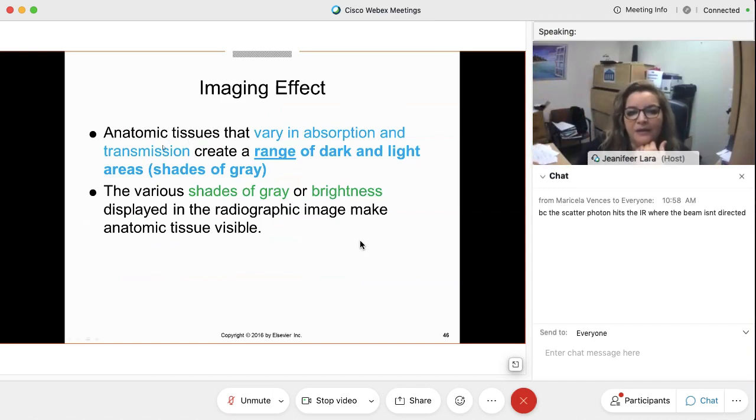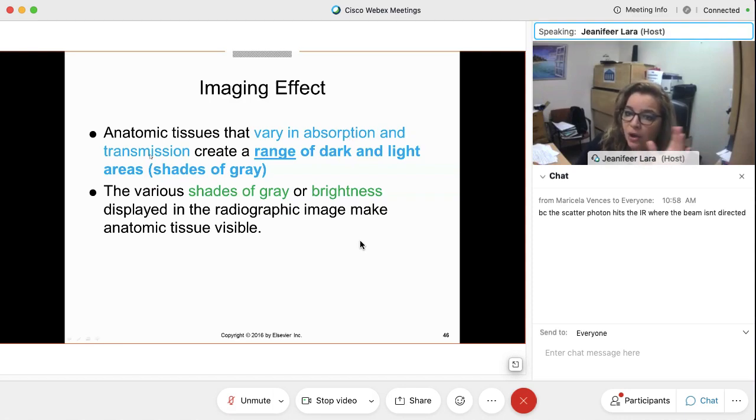So we know that anatomic tissues are going to vary in the way that they absorb or transmit X-rays. Less tissue thickness, increased tissue thickness. Less tissue density, increased tissue density. Lower atomic number, high atomic number.